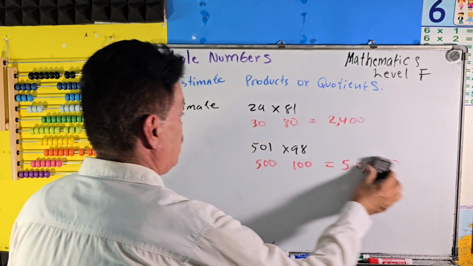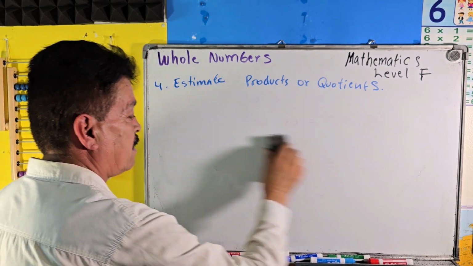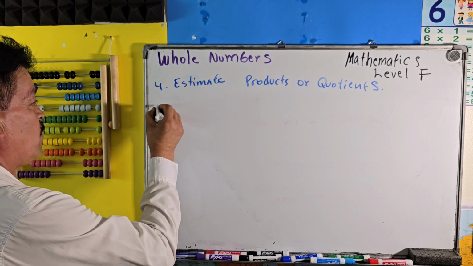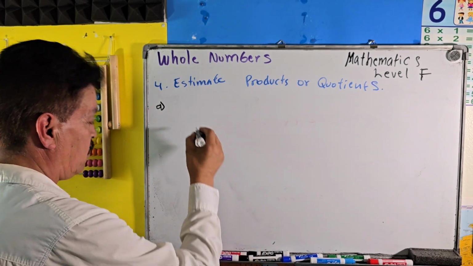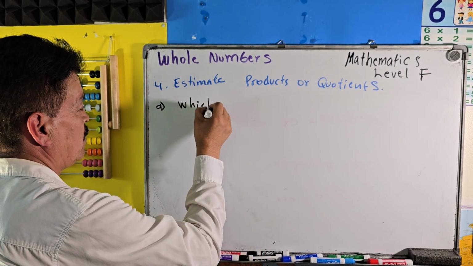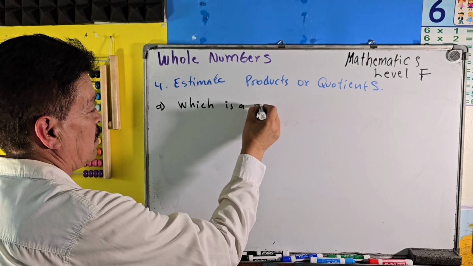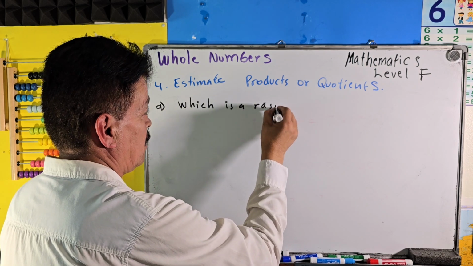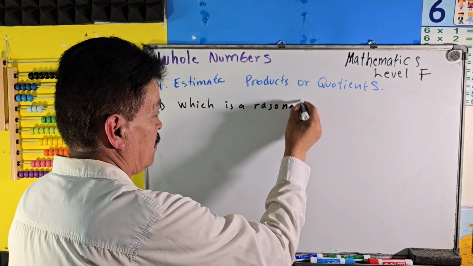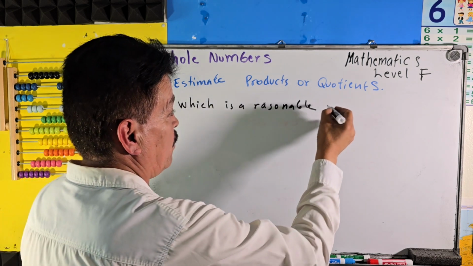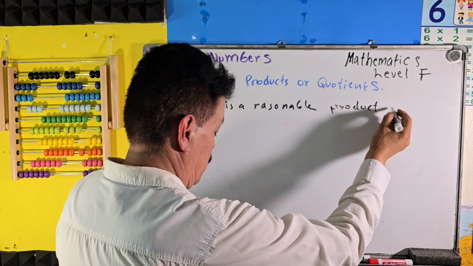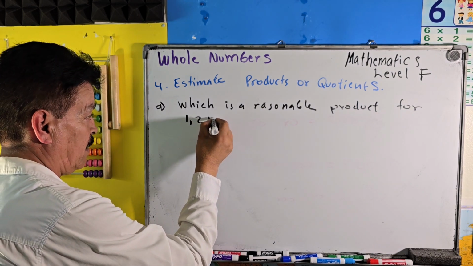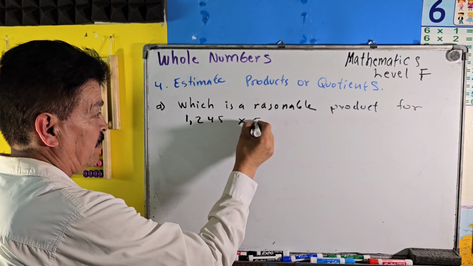So now let me write some questions using these strategies, like in your test. One question could be: which is a reasonable product for 1,247 times 51?